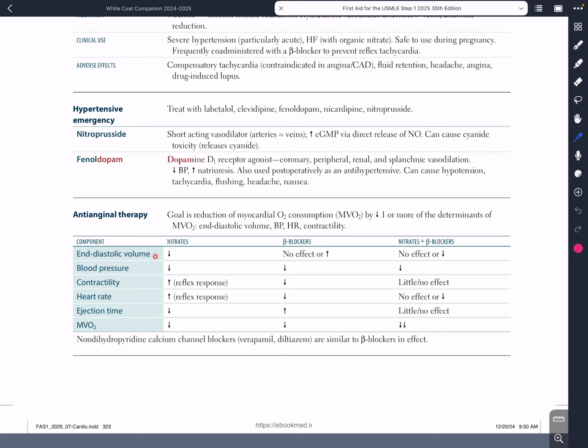With beta blockers, end diastolic volume has no effect, or it can also increase. However, if you give nitrates and beta blockers together, end diastolic volume can have no effect or it can lower.